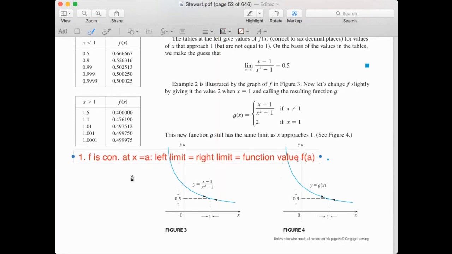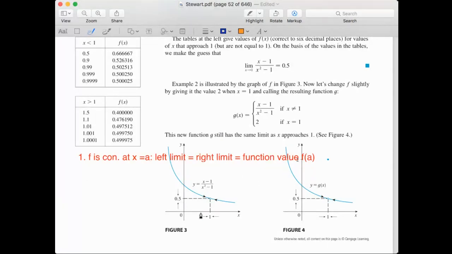So when f is continuous at a certain point, the left limit equals the right limit equals the function value.